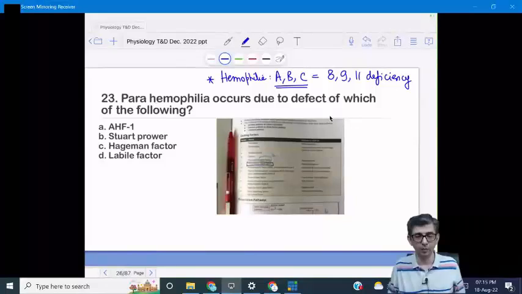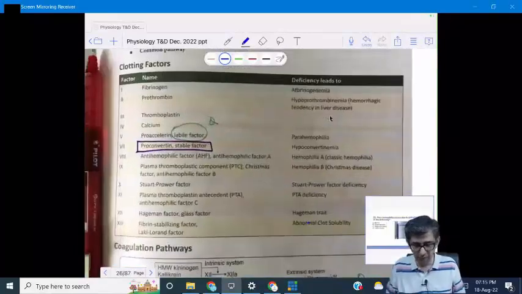But parahemophilia is a defect related to factor 5. Yes, and factor 5 would be the one that you can currently see.